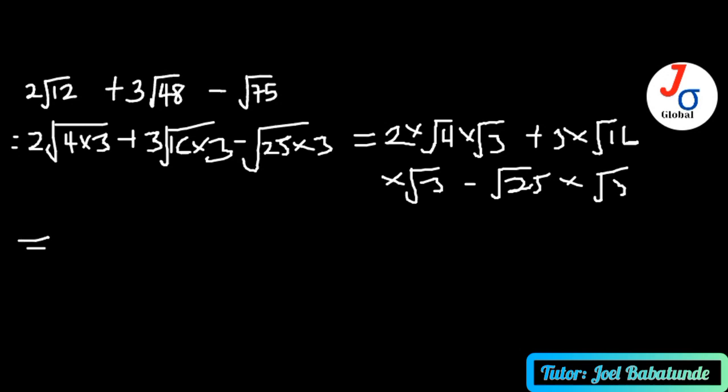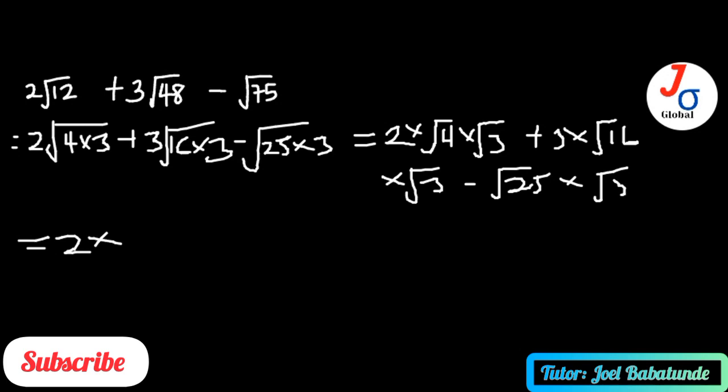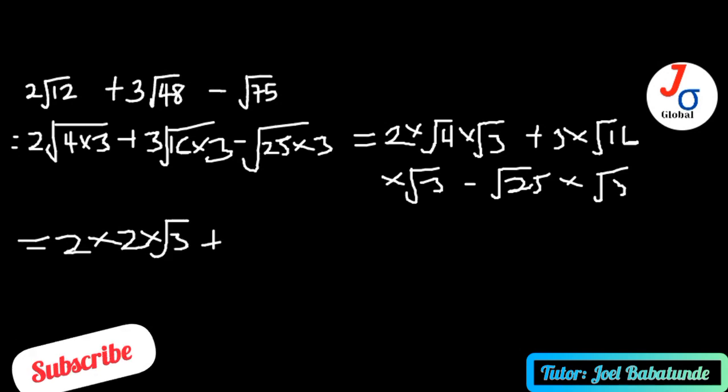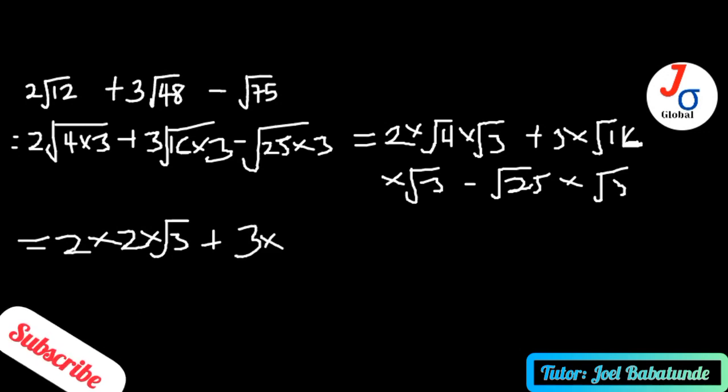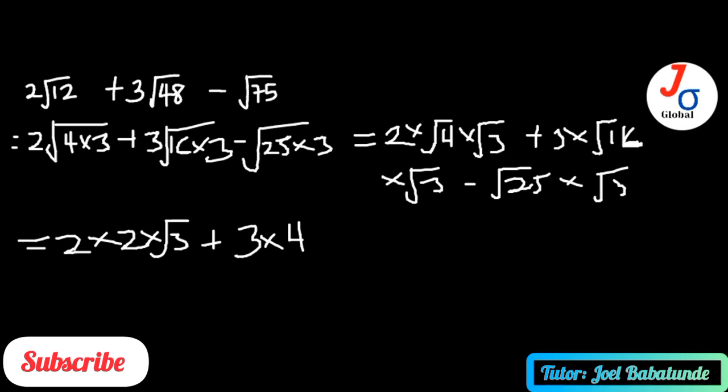Root 4 is 2, so 2 times 2 is 4 root 3. Plus 3 times root 16, which is 4, so 3 times 4 is 12 root 3.